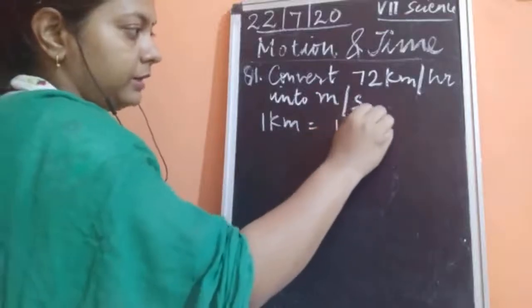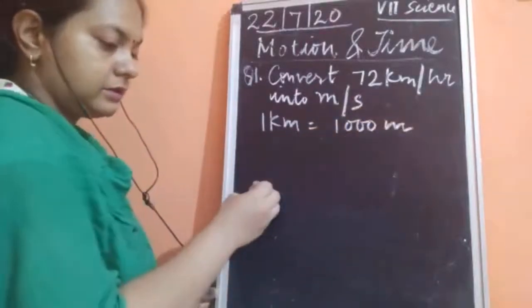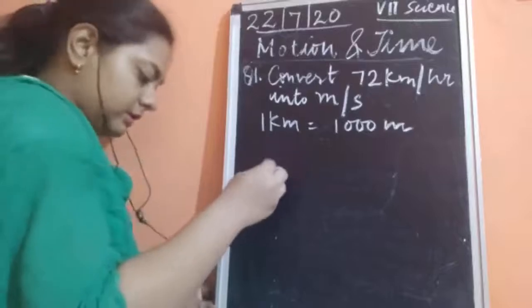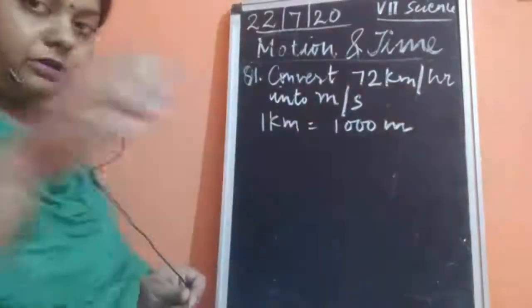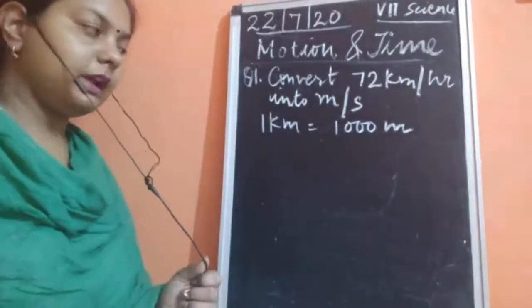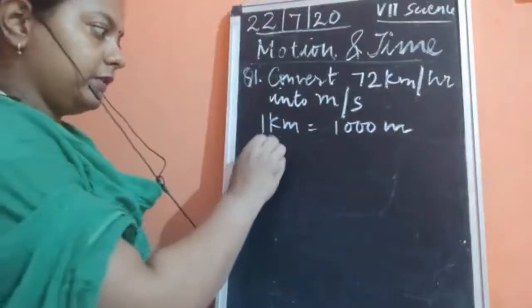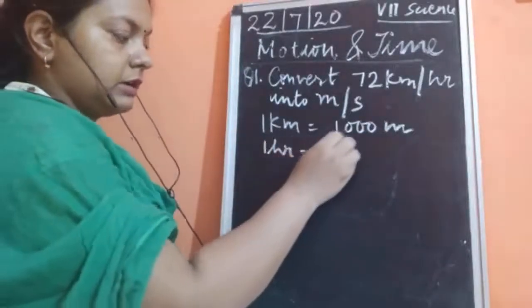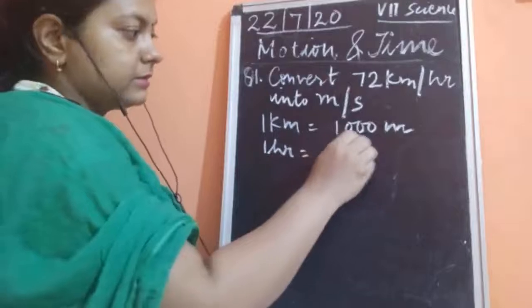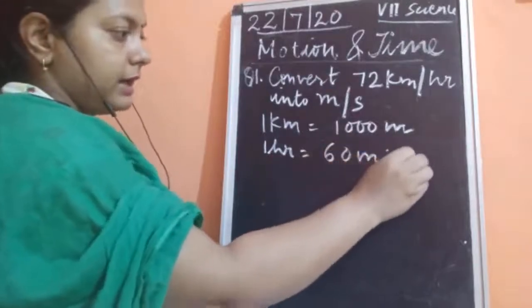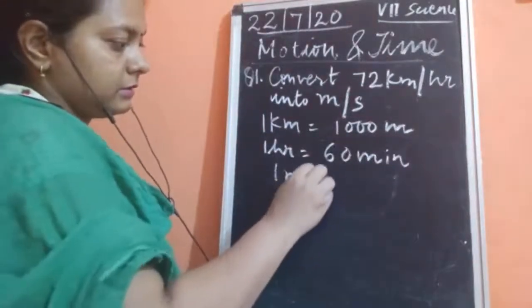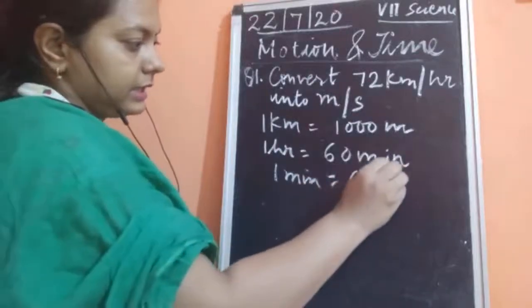It is 1000 meters. And 1 hour has 60 minutes, and 1 minute has 60 seconds.